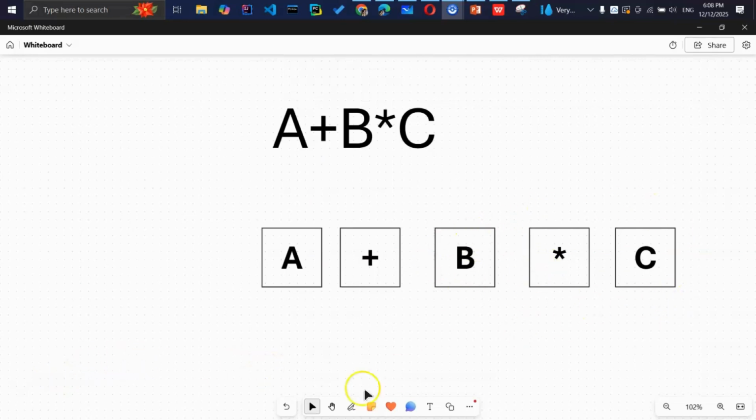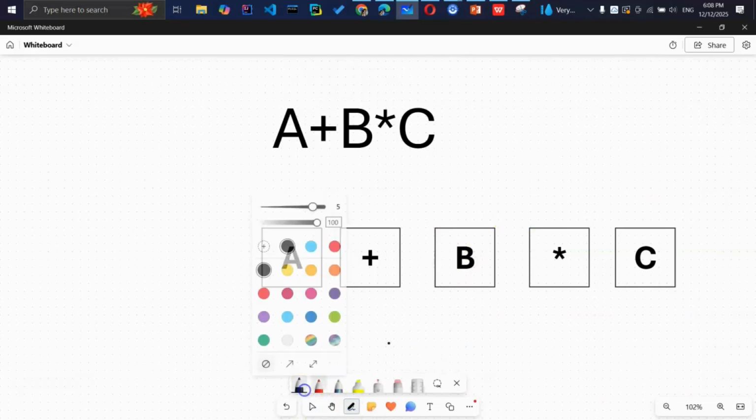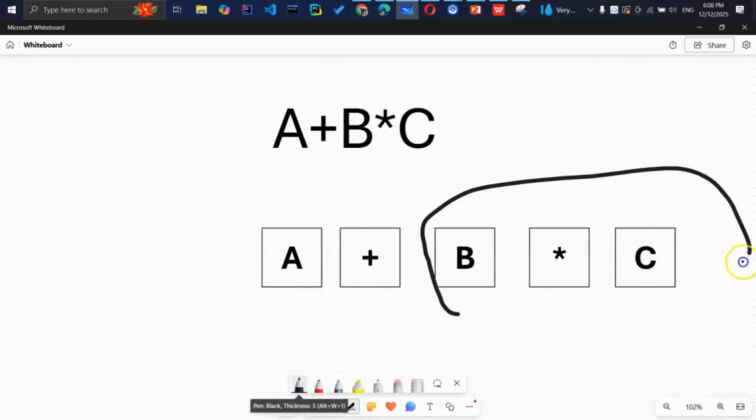This part should be emphasized in brackets, like this.